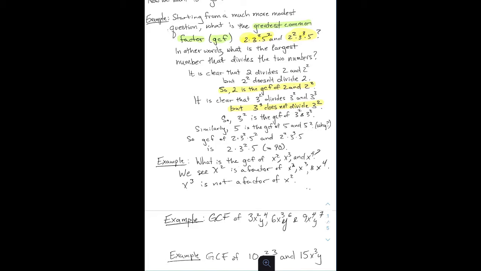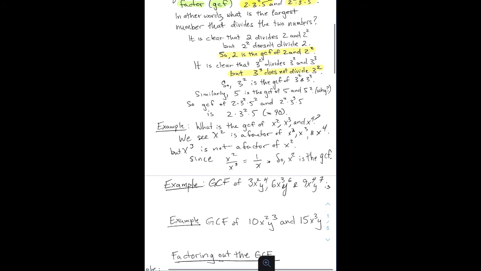Why? Because when we divide, we will get a fraction. So this involves a fraction. So, what's the answer? X squared is the greatest common factor. Increasing the exponent was not possible.